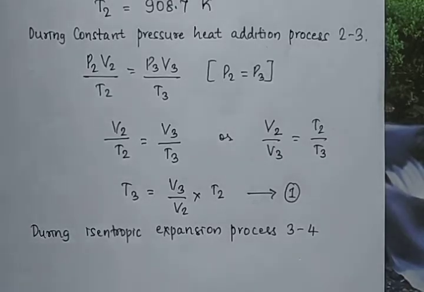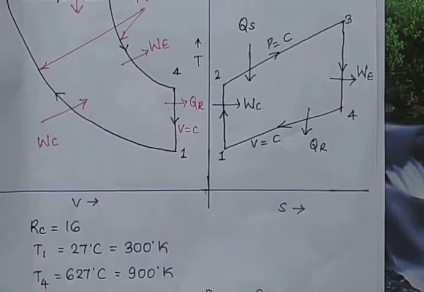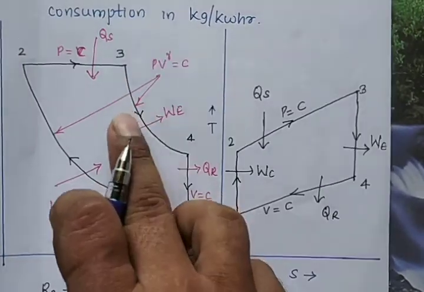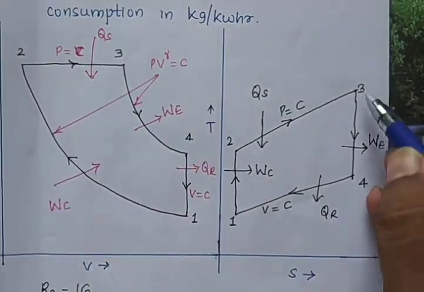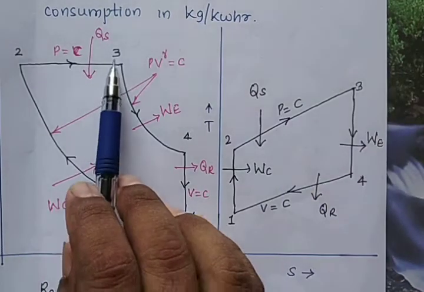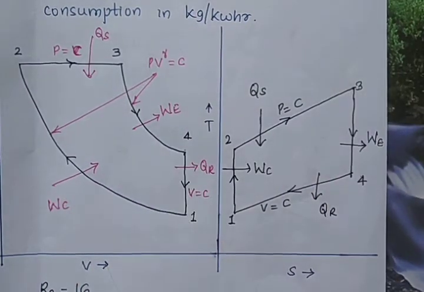Again I will show this on a PV and TS diagram. You can just see here 3 to 4 isentropic expansion process, and here also 3 to 4 isentropic expansion.